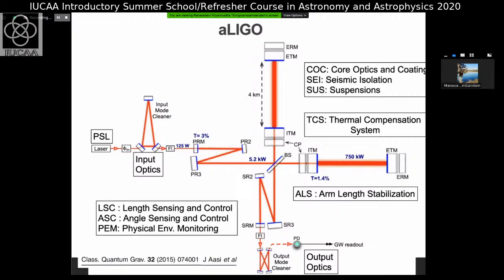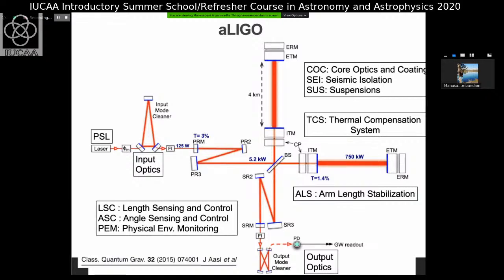And then we have the thermal compensation system. Because of the large accumulation of laser power in the arm cavities, expected to be of the order of 750 kilowatts, this actually warps the mirror because of the heat. Even though the mirrors absorb only a few ppm, the mirror starts warping.